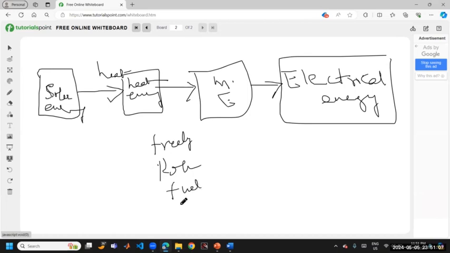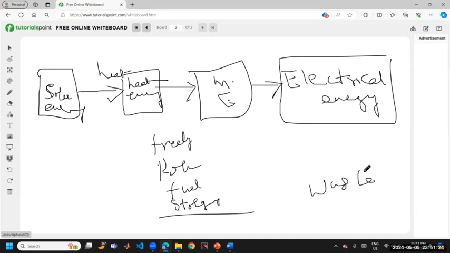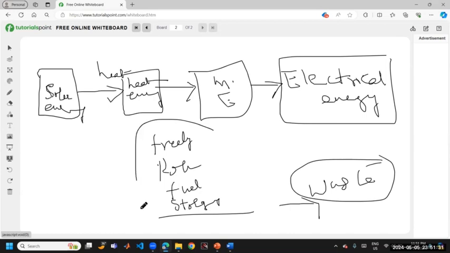So no fuel storage is required, no fuel transportation cost, no waste disposal, and no need to start any power plant. These are a few advantages of a solar power plant.